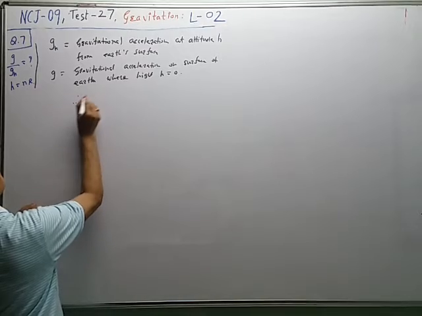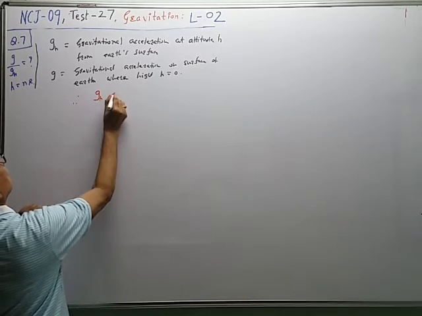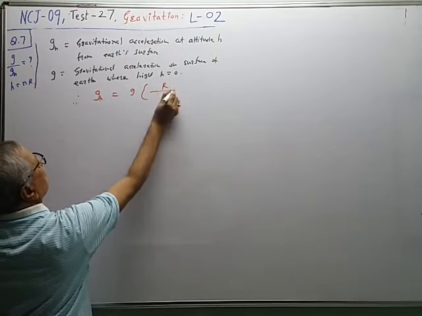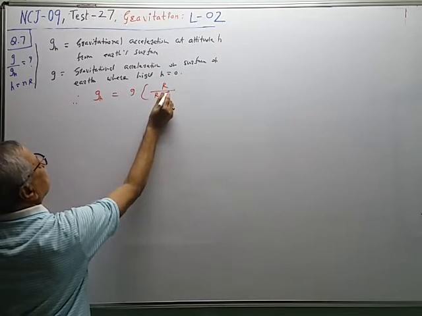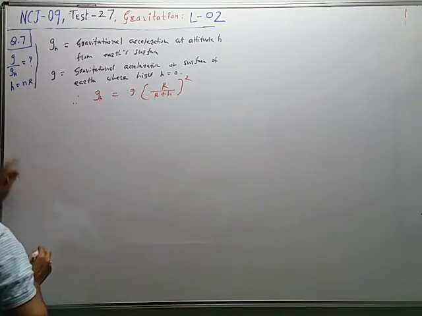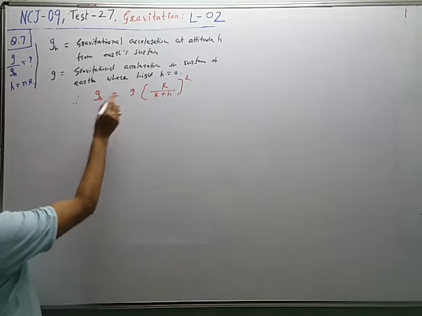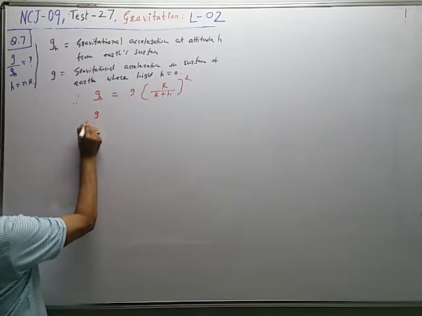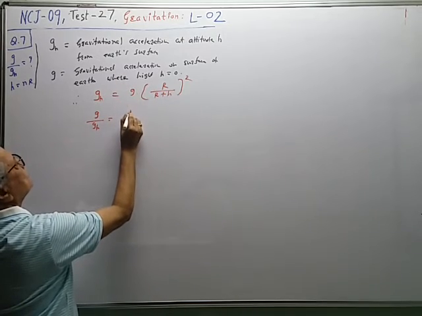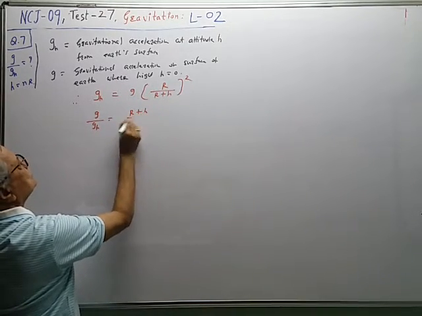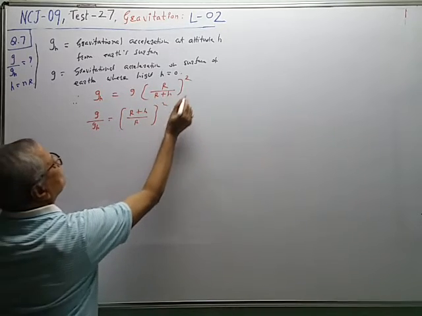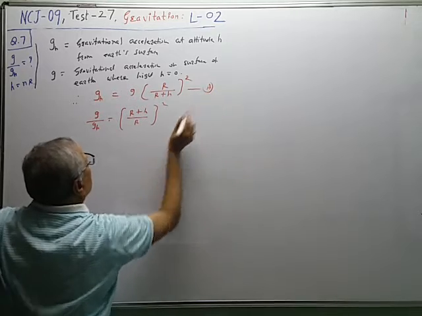That gh is equal to g into bracket r upon r plus h whole bracket square. So we have to find g upon gh. Therefore, g upon gh is equal to, this bracket will go on this side, r plus h upon r whole bracket square. So this is equation capital A.